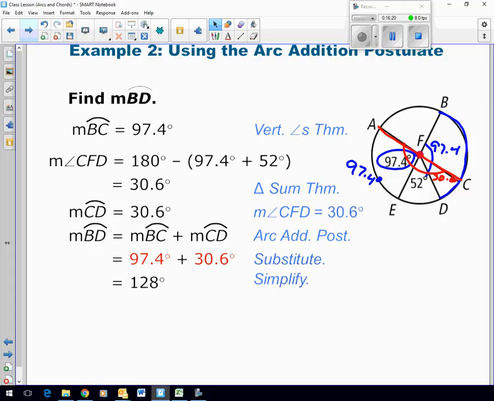But how do you know A to C is a flat line? Great question. Let's go back here. How do I know that AC is a diameter? It goes through the center of the circle, right? F is the center of the circle, the big red dot.